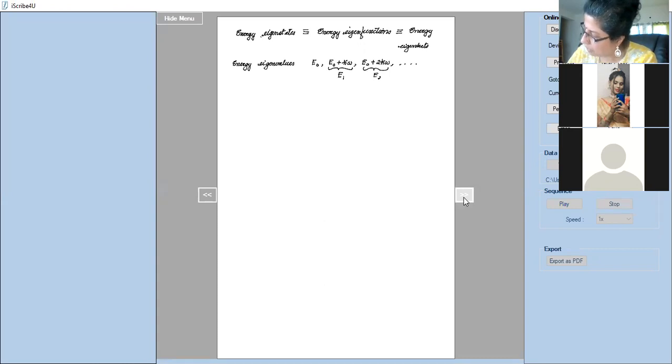And somewhere along the line, we will have E naught plus n h cross omega. And this we will call En. Correct? And what is this? This is nothing but h cross omega by 2. This is 1 plus half h cross omega, so we will write it as 3 by 2 h cross omega. This is going to be 5 by 2 h cross omega, and so on, and you will have here n plus half h cross omega.